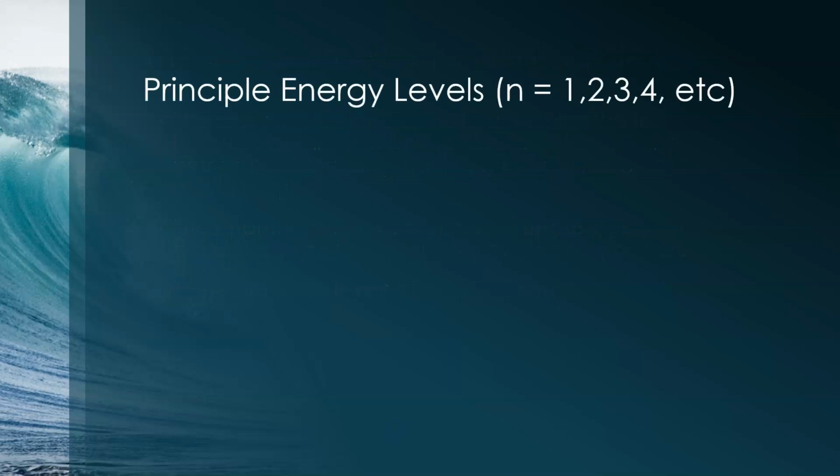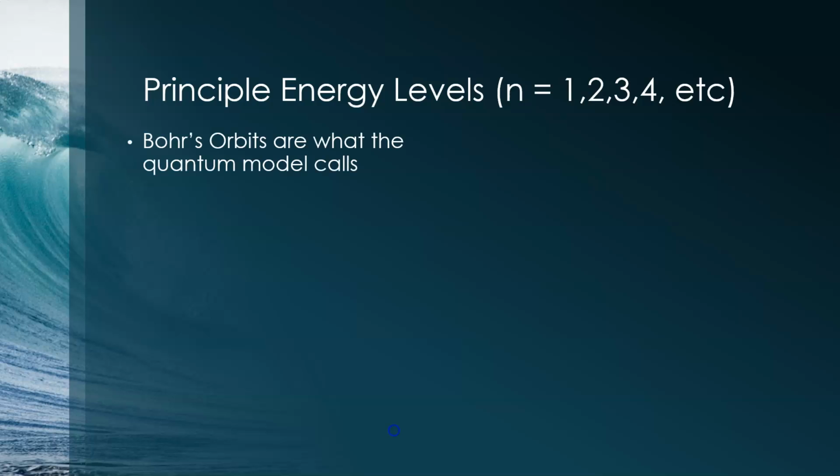Principal energy levels are what you're used to seeing as Bohr's orbits, Bohr's rings, n equals 1, 2, 3, 4, and so forth. So principal energy levels are Bohr's orbits.